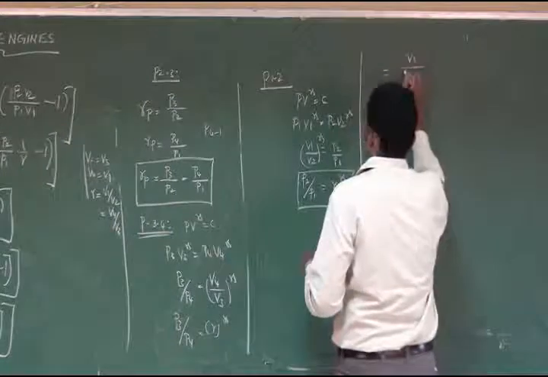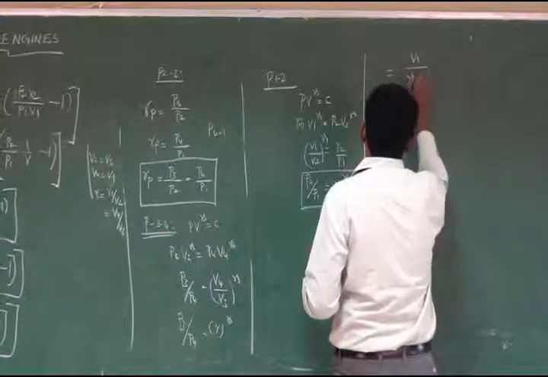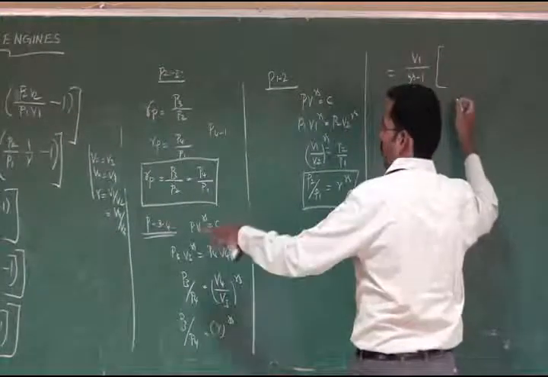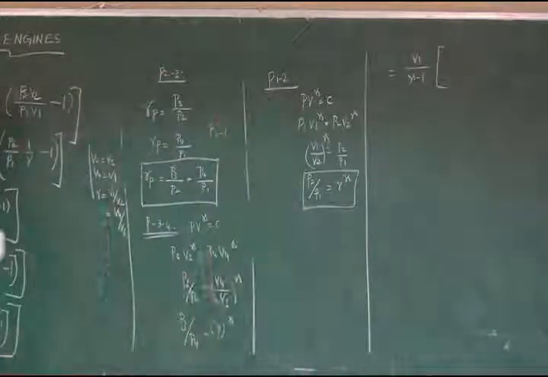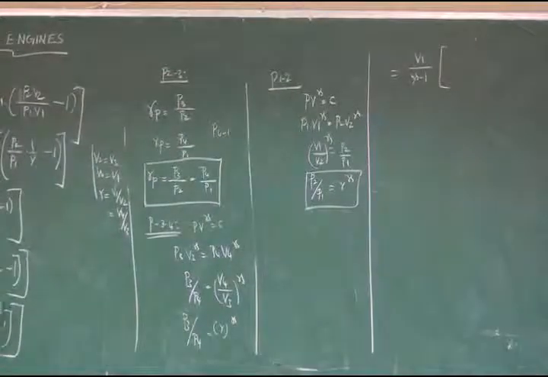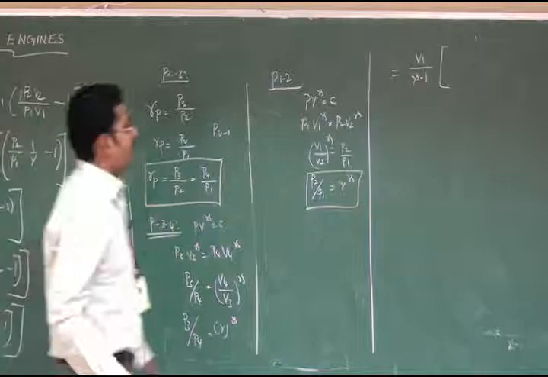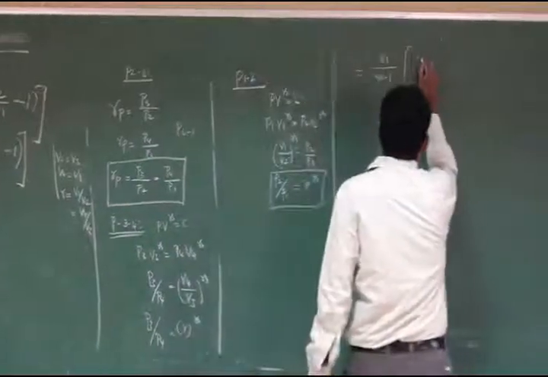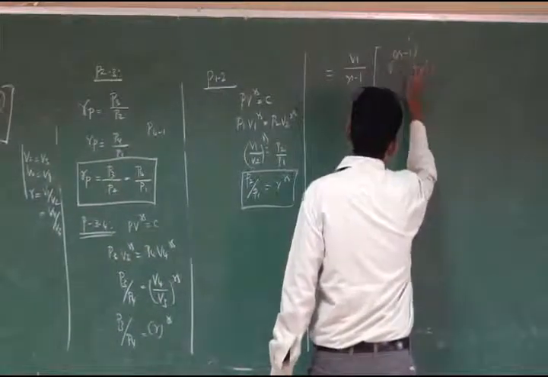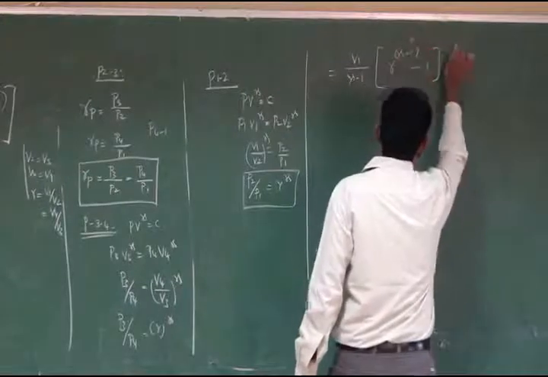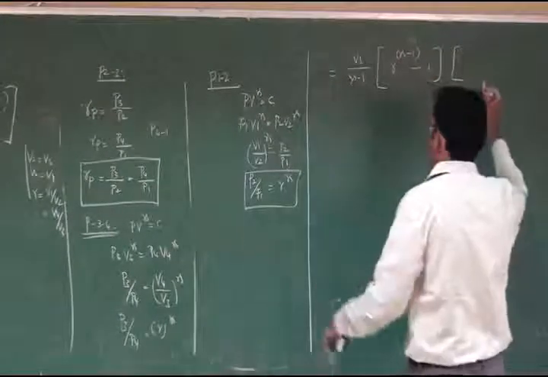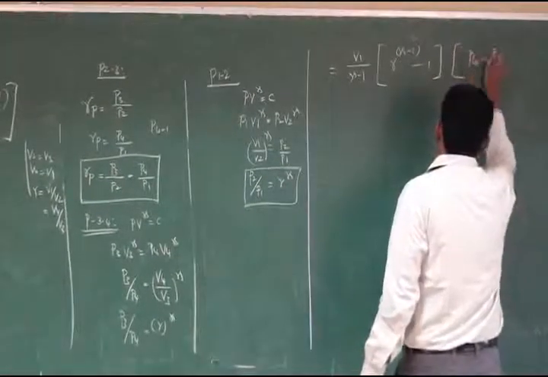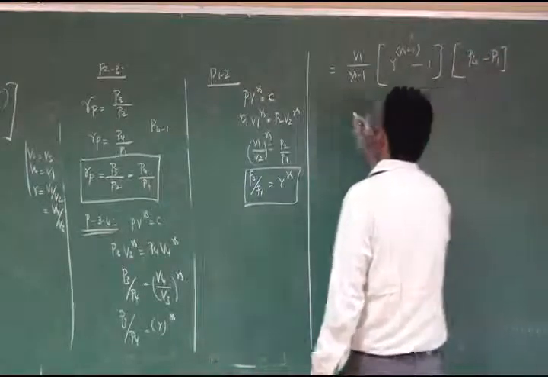Now V1 by gamma minus 1 and R power gamma minus 1 minus 1, these terms are common in both the terms, then we can keep R power gamma minus 1 minus 1 outside. What we are having is P4 minus P1.